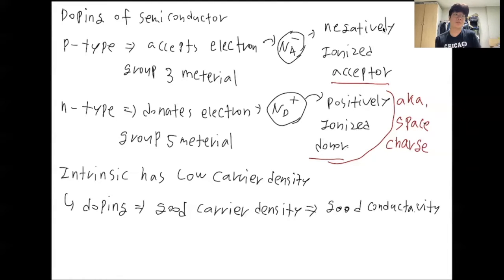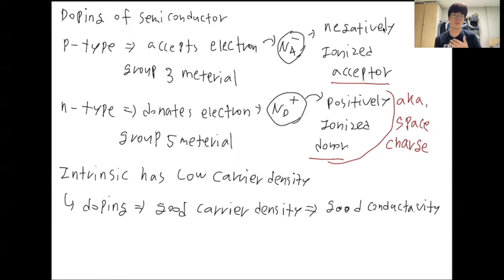If we dope group 3 materials, then the group 3 material accepts electrons, so that makes holes. We call these p-type semiconductors, and the atom which accepts electrons we call the acceptor.